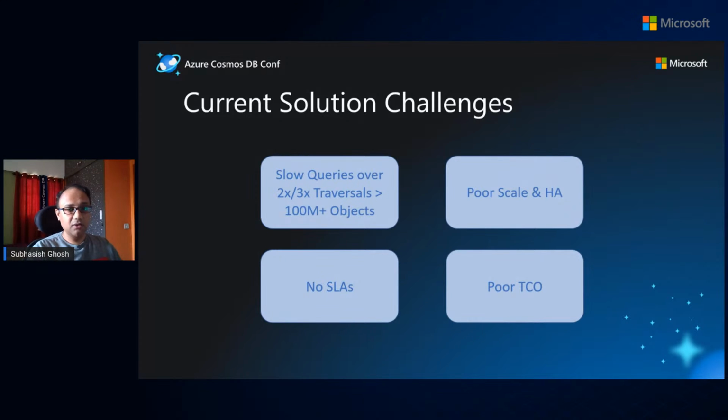Number two, of course, this solution built over two RDBMS solutions lacked scalability. Traditional on-premises HA was part of the solution, but the team needed to scale the server during peak times. There were no SLAs per se in most of the customer use cases I worked on. They wanted a dedicated SLA on performance if available, definitely on the last mile read latency, write latency, and throughput, which would be excellent to estimate and also optimize for.